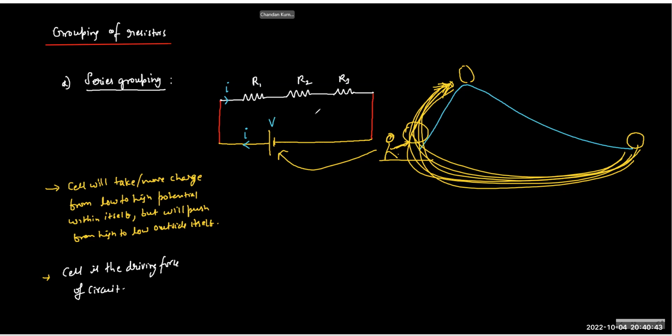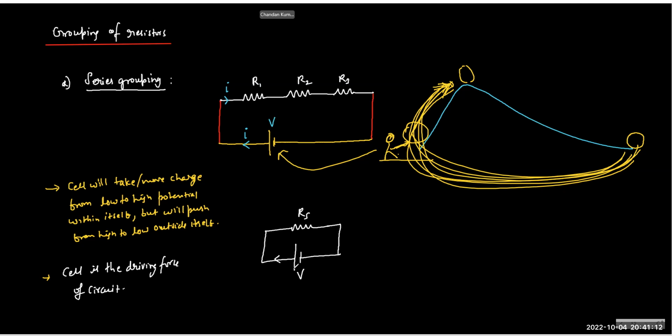Okay. And what do we try to achieve? We try to achieve an equivalent resistor. I have discussed this before. Let me remind you again. So what is the meaning of equivalent resistance? See, resistance is the characteristic which always dictates the relationship between applied potential difference and the current.